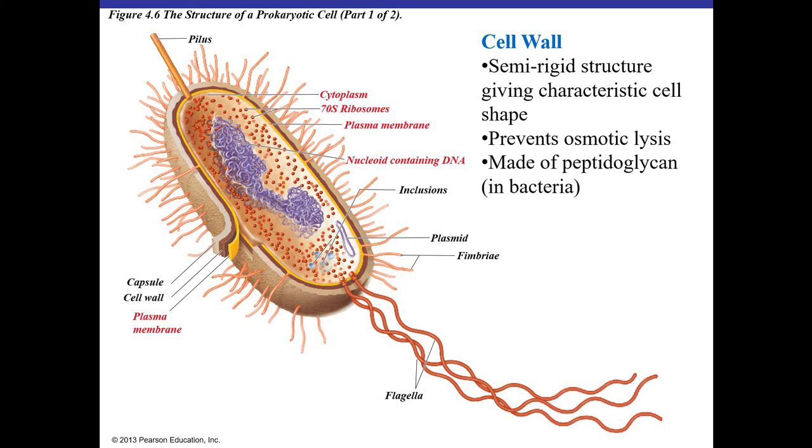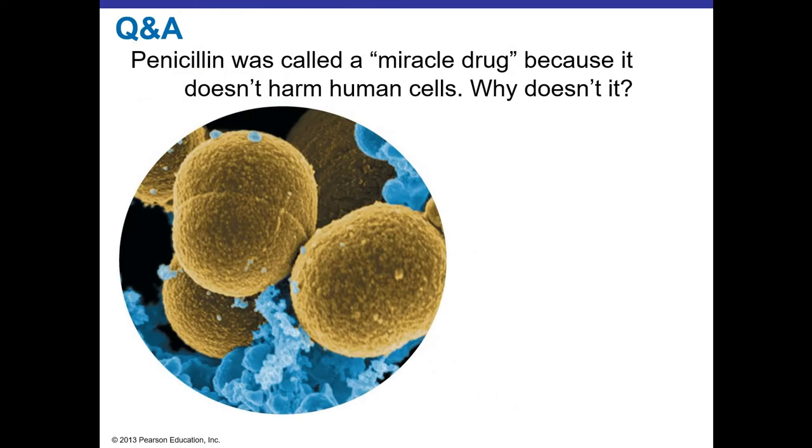So the bacteria doesn't want to explode when it's in pure water. The cell wall is uniquely made up of peptidoglycan for bacteria. That is a defining component of what are considered to be the eubacteria, or the true bacteria.